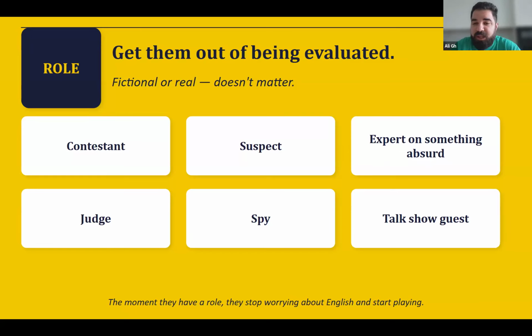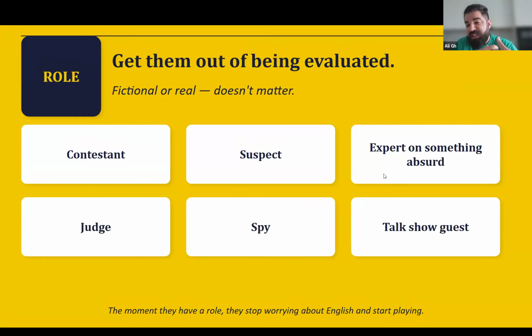There could be contestants, suspects of a crime, experts on something really crazy, like how to make a peanut butter sandwich. There could be a judge, a spy, a talk show guest, runners, anyone that they want. It just matters that you create a role for them in the classroom, letting them be someone that they enjoy.